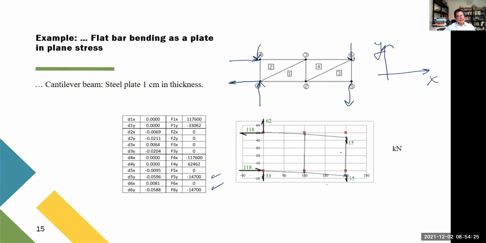And you can see that in this case there is equilibrium, as it should be, okay? Displacements, you see that this is 2x. This point is moving in the negative x direction, so it's moving to the left. This is the sixth joint, which is this one here.